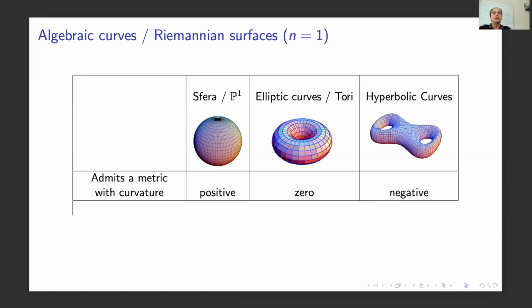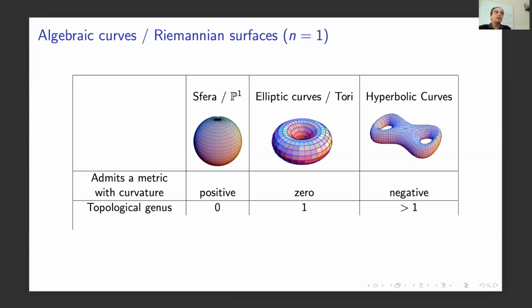Elliptic curves admit a metric with 0 curvature. In the case of the sphere, we can take the curvature to be not only positive, but positive constant. And in the case of hyperbolic curves, we can also find a metric with curvature negative constant. And of course, many of the geometric properties depend on this fact.